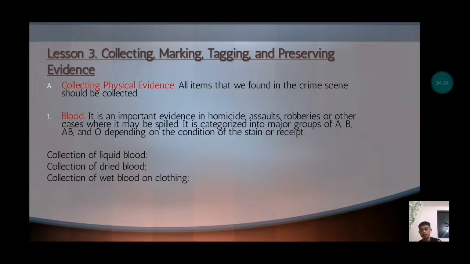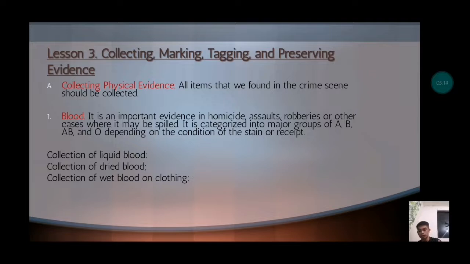So, if the amount of blood is minimal, collection may best be made by placing the sample in a normal saline solution or 1 tablespoon salt in 1 quart of distilled water.